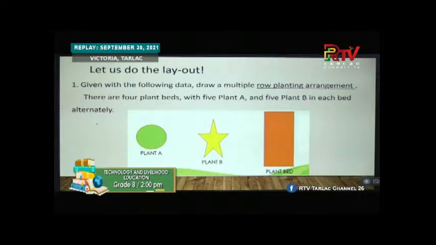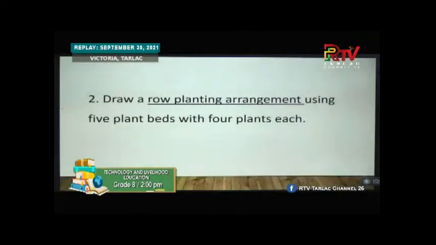Plant A is represented by a star, plant B a circle, and a rectangle for plant beds. Number 2. Draw a row planting arrangement using 5 plant beds with 4 plants each.